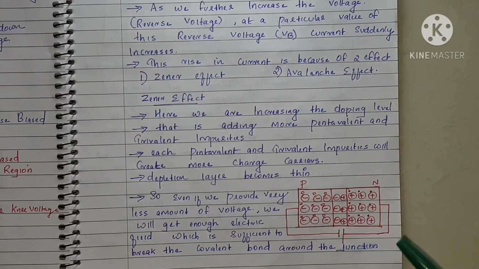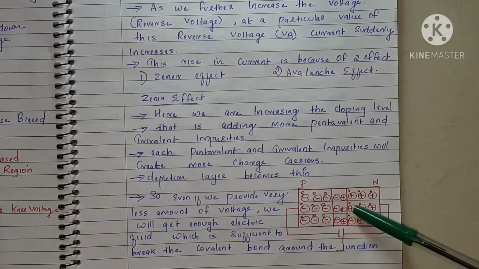More pentavalent impurities will automatically create more electrons. More trivalent impurities will automatically create more holes. More electrons and holes created means that charge carriers are created.